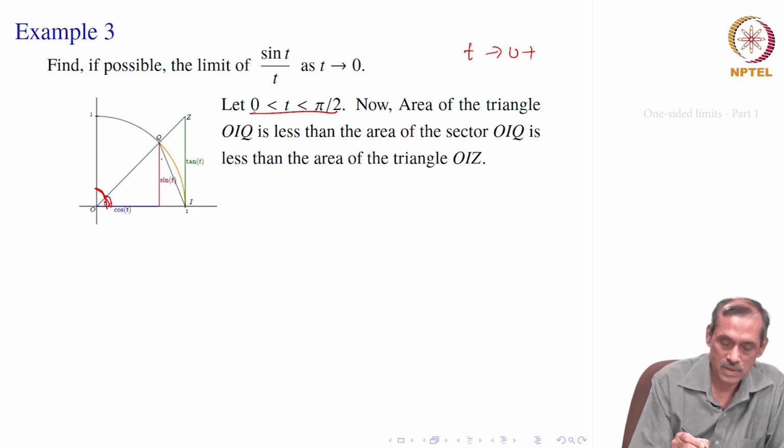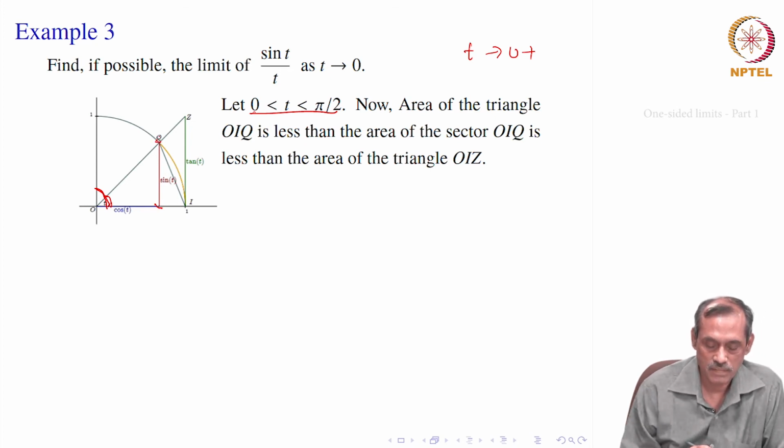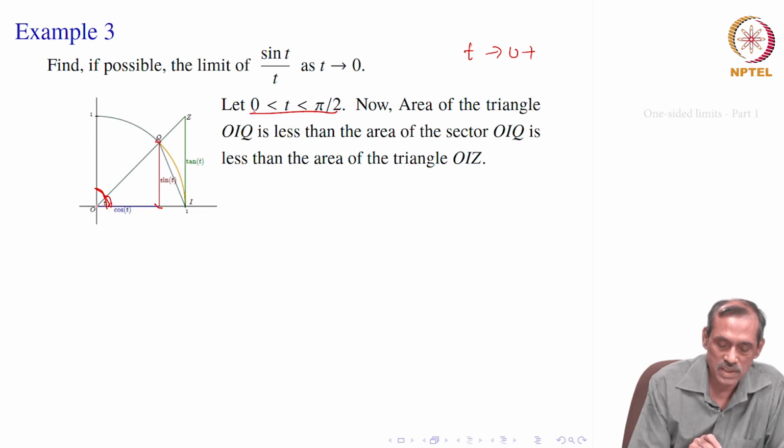So, therefore, the length of the red line here is sin T, and cos T is its base divided by hypotenuse. Hypotenuse is 1, therefore, O to this point, let us call it A, O to A is cos T and Q to A is sin T.